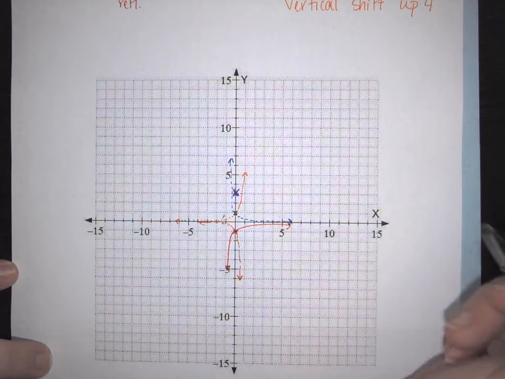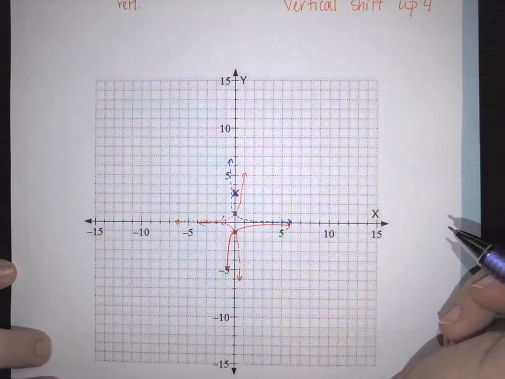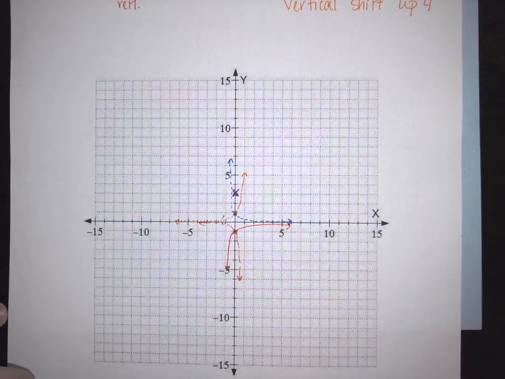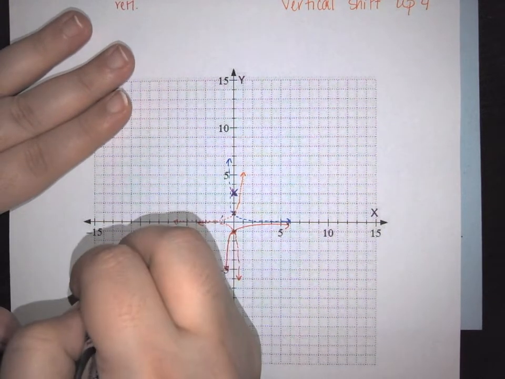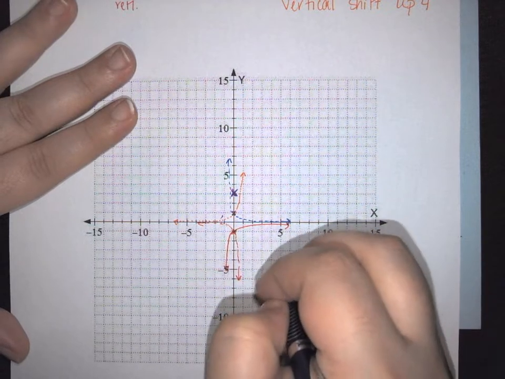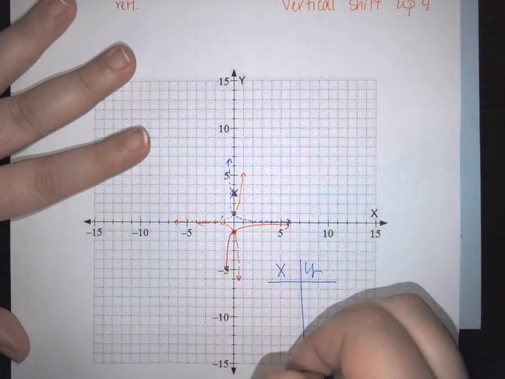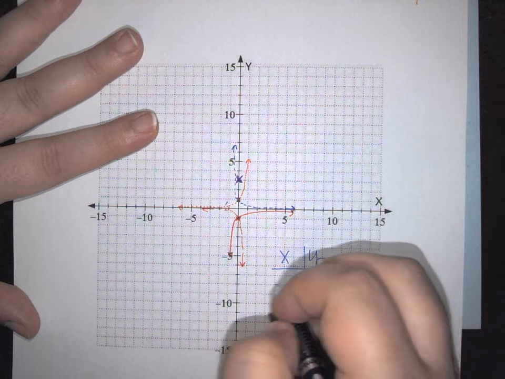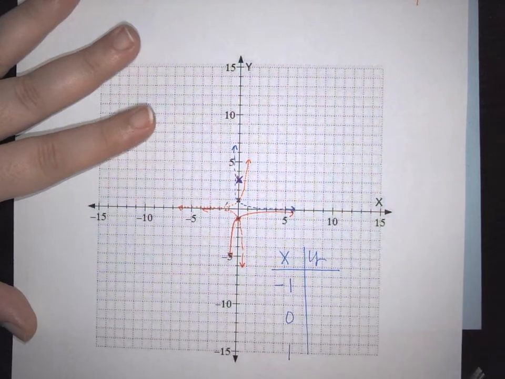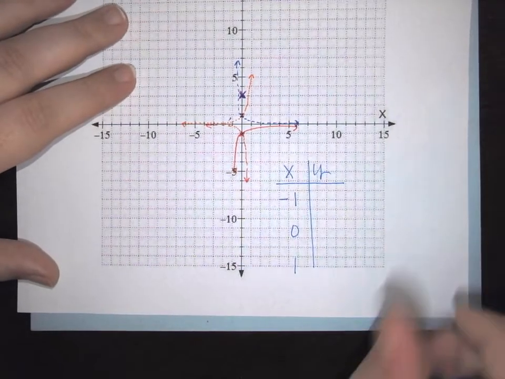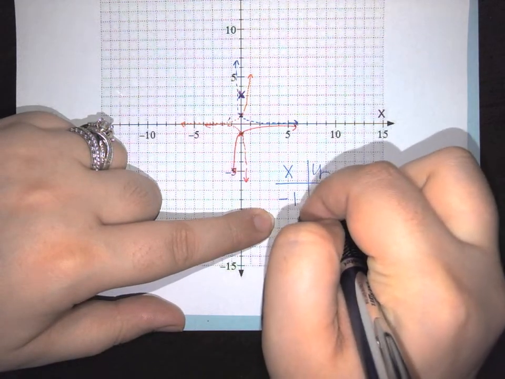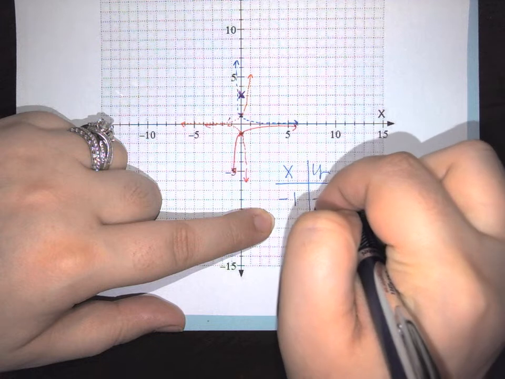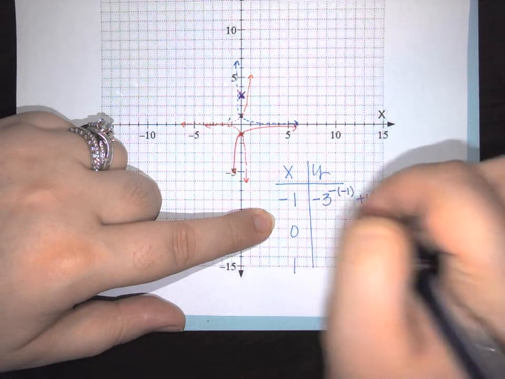And so now one of the things that we can do is we can use the XY table. And I can take a look at 3 important points. So I can look at what if I have X and Y. And in this case, I look at -1, 0, and 1. Okay. So here at -1, essentially what happens is we would have -3 raised to the negative of -1 plus 4.